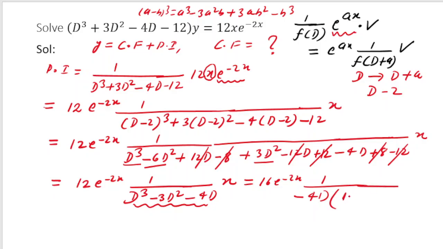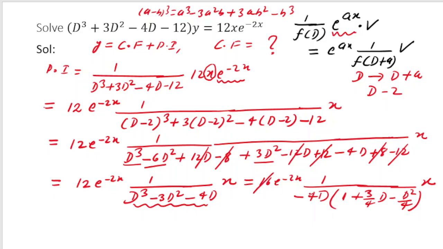I will get 1 plus 3 by 4D from this term, and here I will get minus D square by 4, and that we have to operate on x. You verify, minus 4D minus 4 cancel, so minus 3D square, and this minus minus plus 4 cancel, so D cube. So we are getting this.